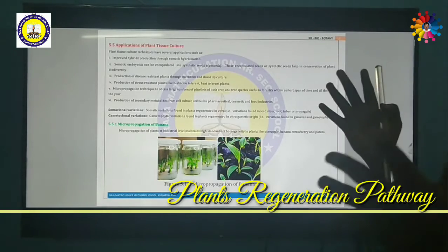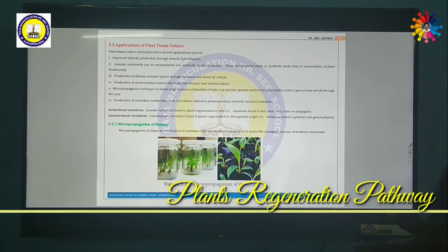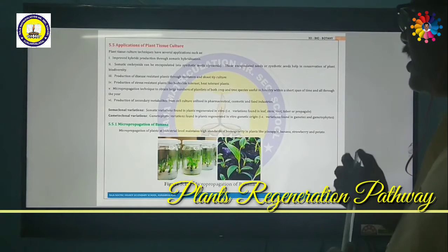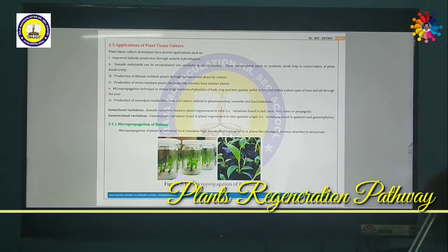Normally if you prepare a plant in a nursery bed, you need a lot of water, or particularly in the rainy season you can produce it. But tissue culture can be done anytime, any day, throughout the year. So this is a special advantage of micropropagation techniques through plant tissue culture.